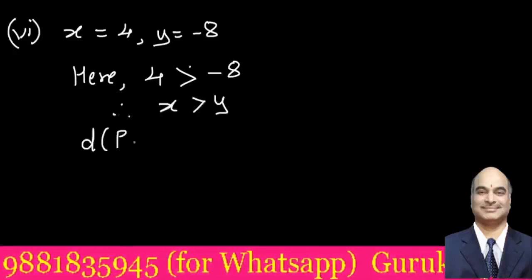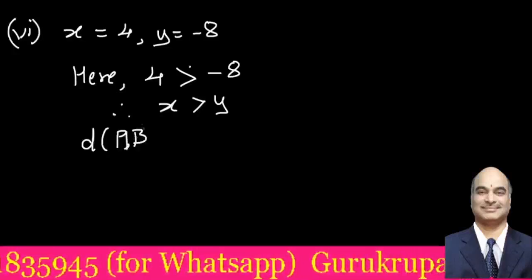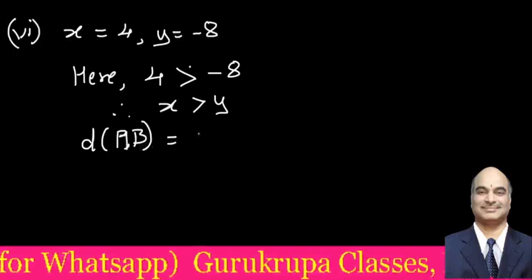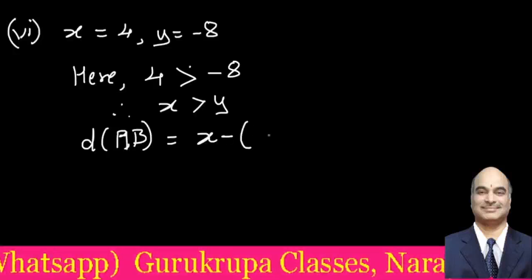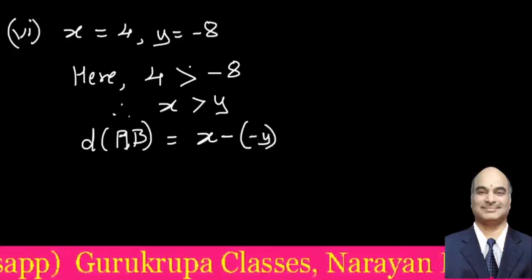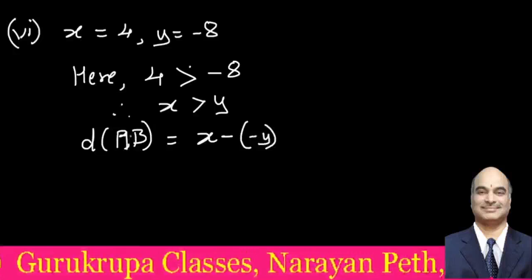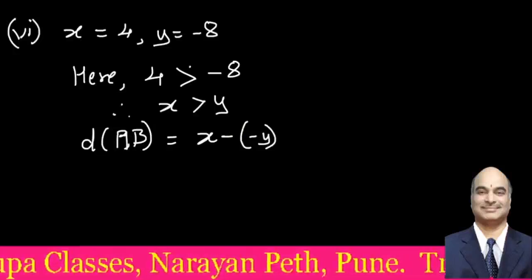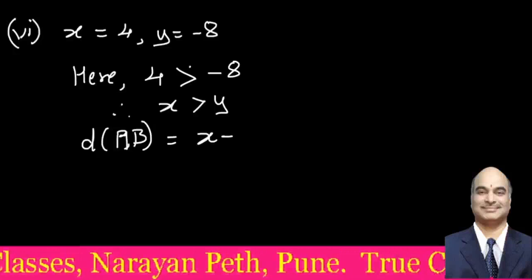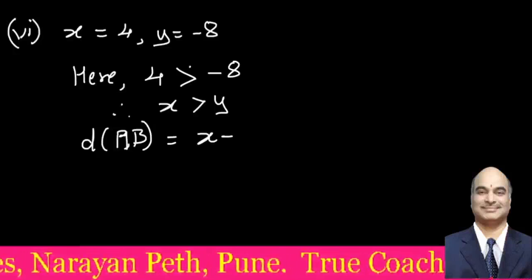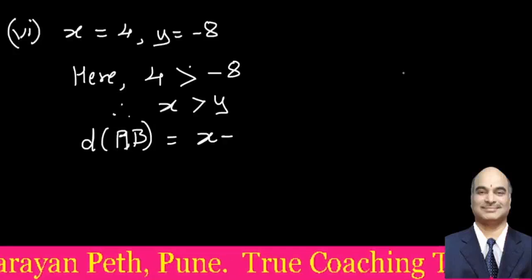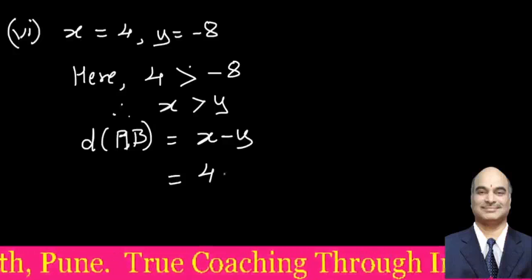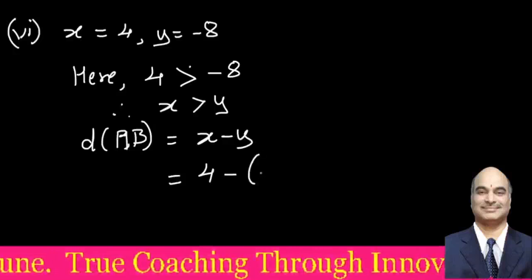So therefore x is greater than y, and distance AB is equal to x minus y. But y has a negative sign, so while putting the values we have to put the value of y in brackets. The value of x is 4 minus, the value of y is minus 8.